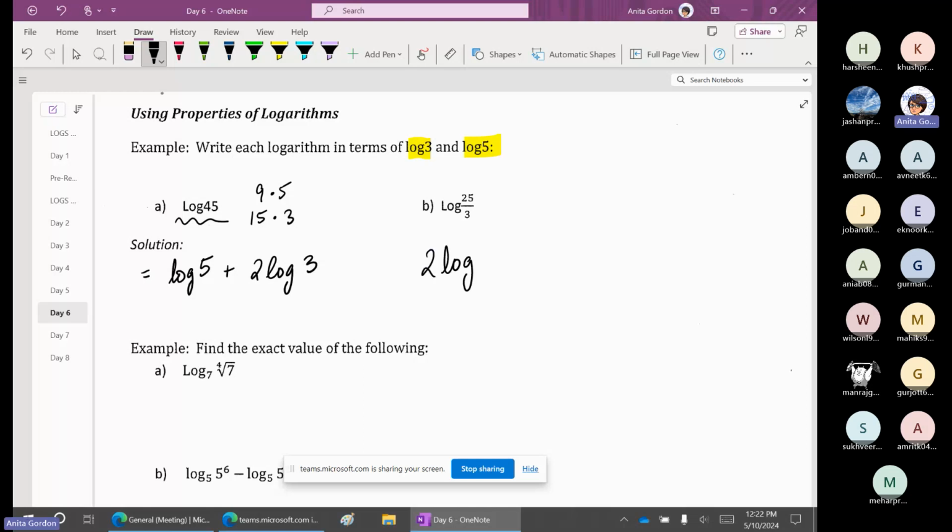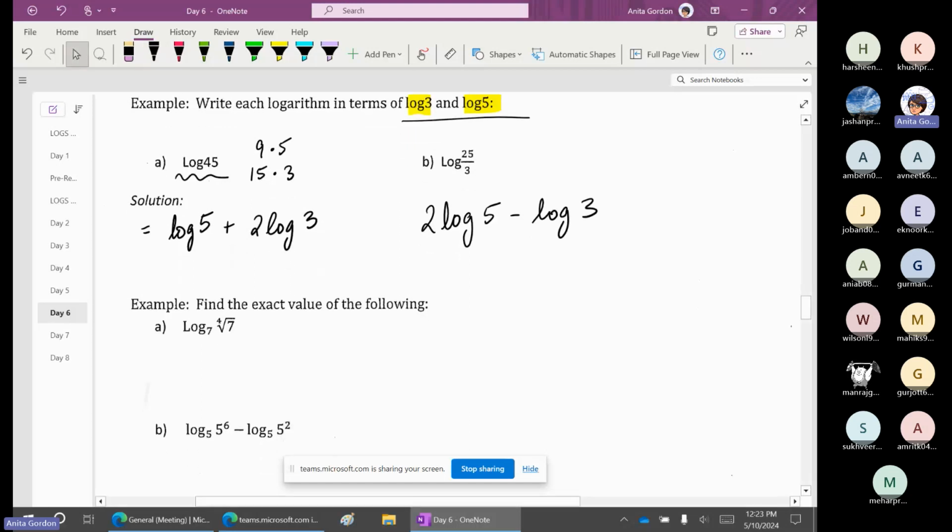Two log 5s, that's the top, minus log 3. Okay, so we've written both of them using log 3s and log 5s, which is what the example asked of us.